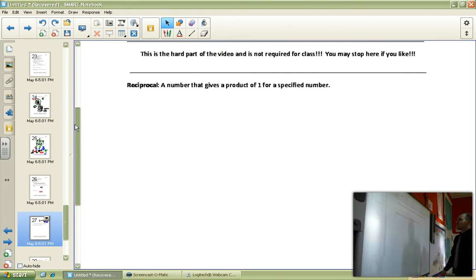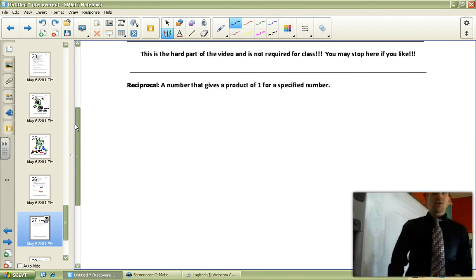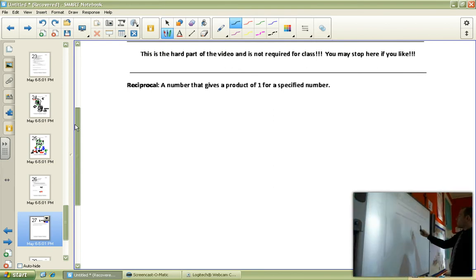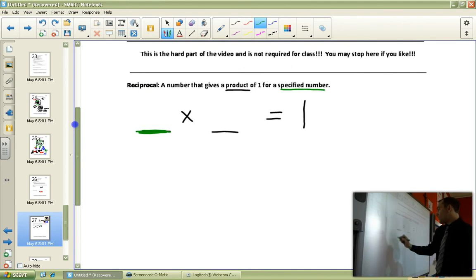Reciprocal: a number that gives a product of 1 for a specified number. Okay. A product, remember, that's going to tell us we're doing multiplication here. So I have something times something, and it's got to give me a product of 1. Okay, and the specified number is whatever number they tell you.